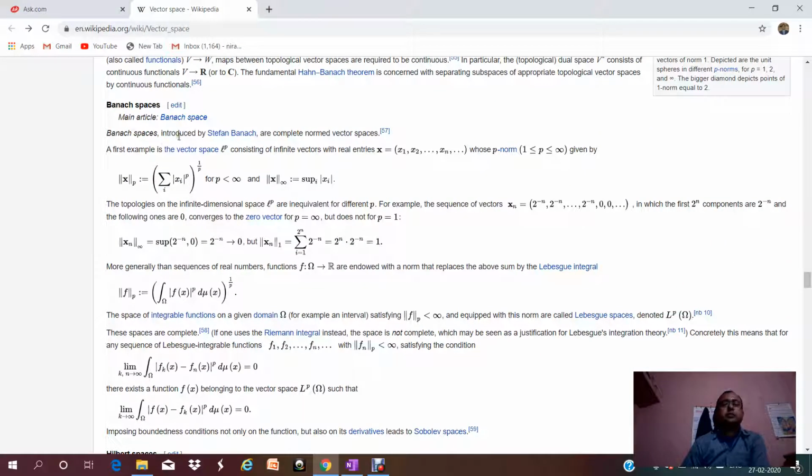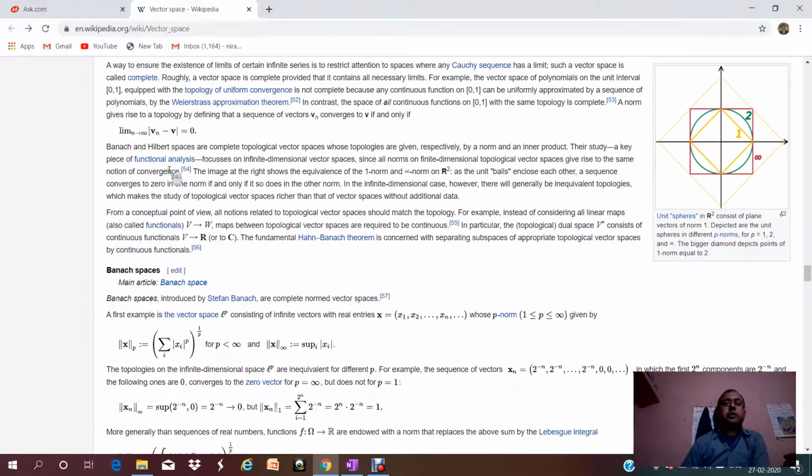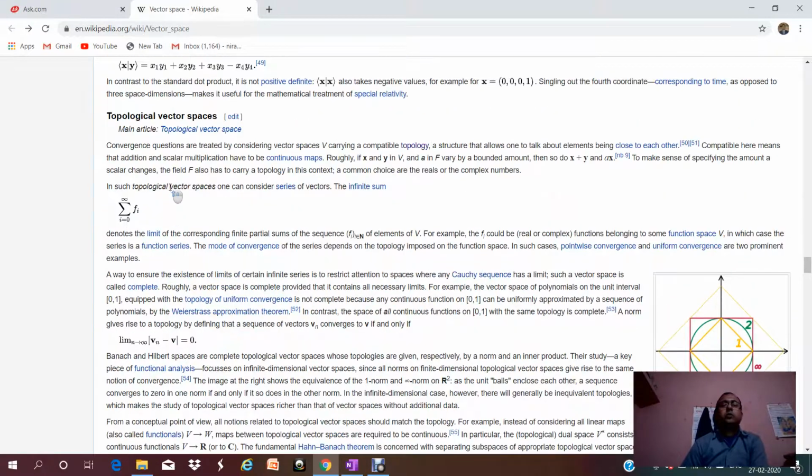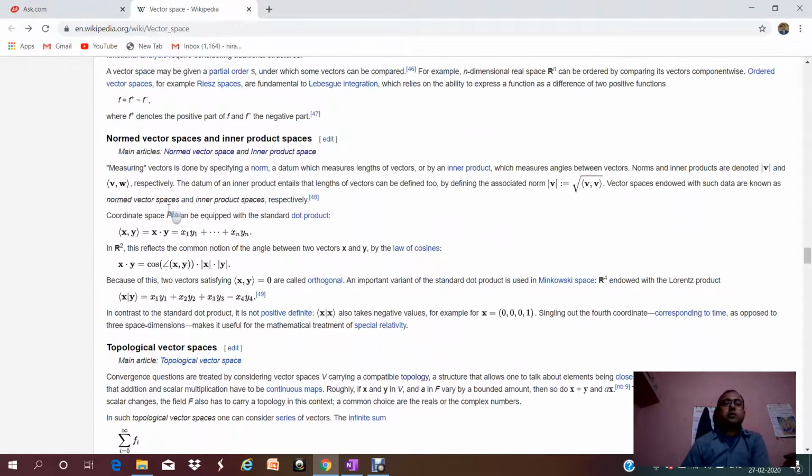Energy space is a very strong space, so I will not discuss it today. After you absorb all this knowledge of basic spaces, then we will go to the senior level topics. Dirac space, Hilbert space, and their properties will be discussed later.